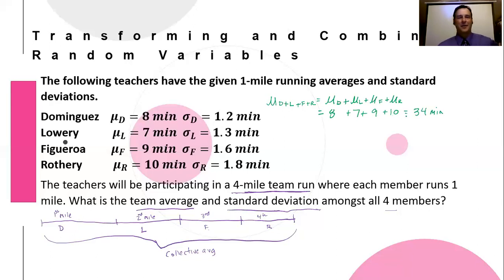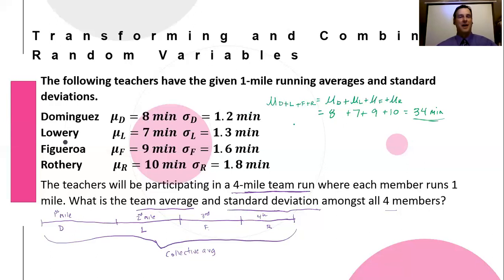That would be our respective team time. Let me make sure my math is right. 19 plus 7 is 26. 34 minutes. Are we going to be a little bit faster sometimes? Sure. Will we be a little bit slower sometimes? Yes, but on average, our 4-mile time should be 34 minutes.